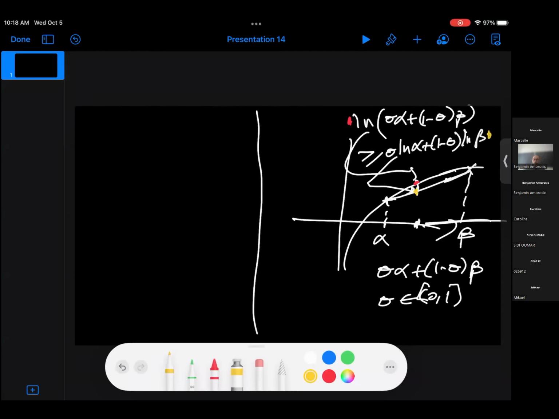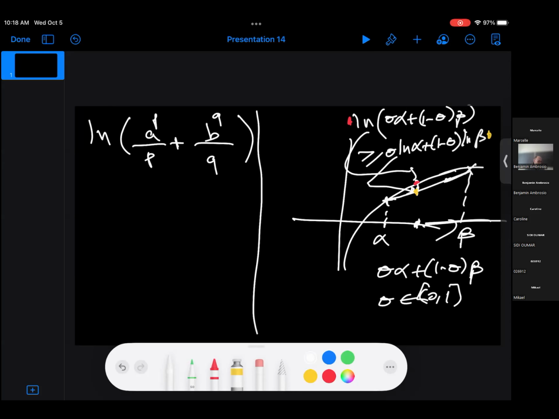All right, so we are going to apply the fact that the function is concave to a to the p divided by p plus b to the q divided by q.